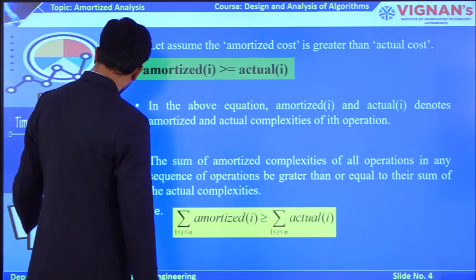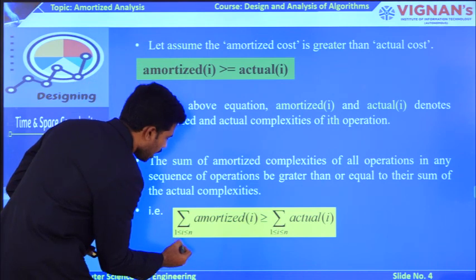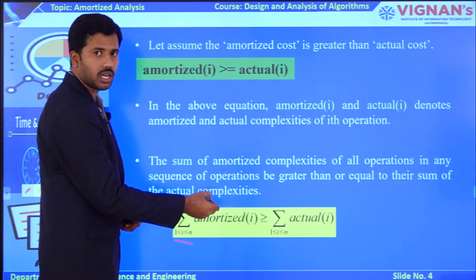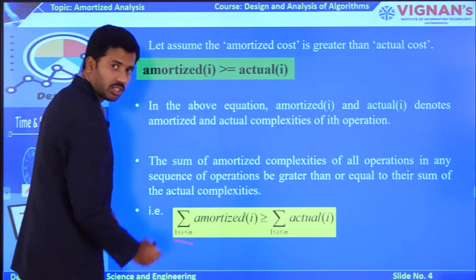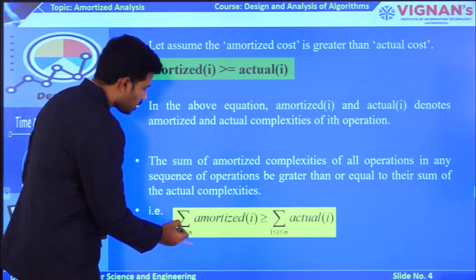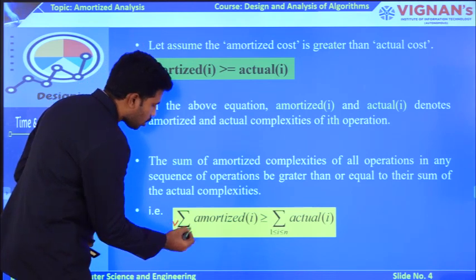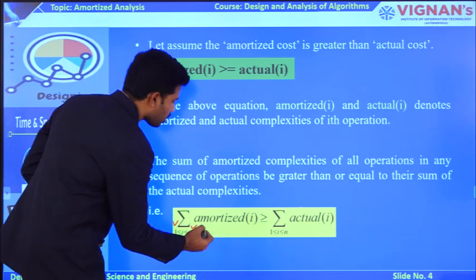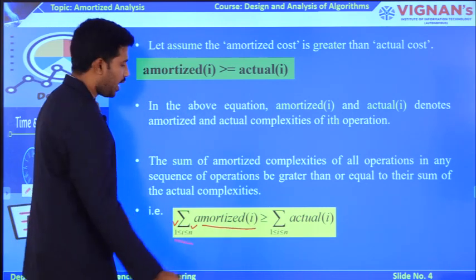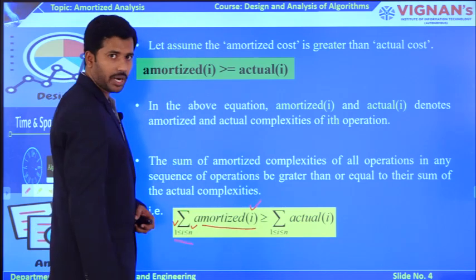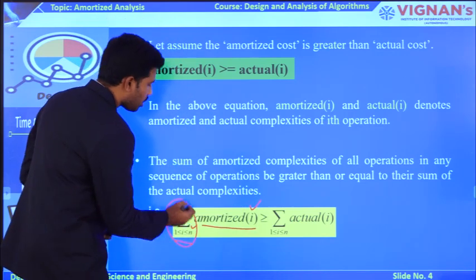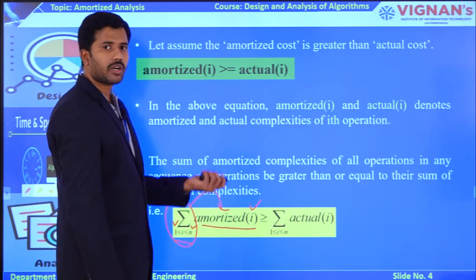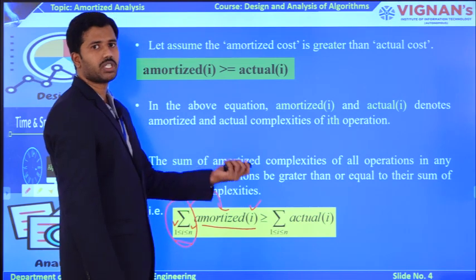Your algorithm has how many instructions? N number of instructions. So that's why sigma with 1 less than or equal to i less than or equal to n. Here i defines the ith operation or ith instruction. The algorithm has 1 to n operations. Amortized of i defines the amortized cost of the ith operation, so I am applying sigma to amortized of i so that I can get the amortized cost for all the operations in your algorithm.